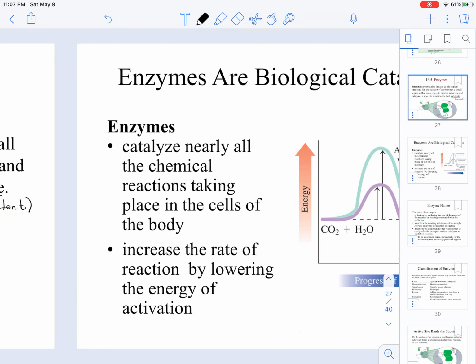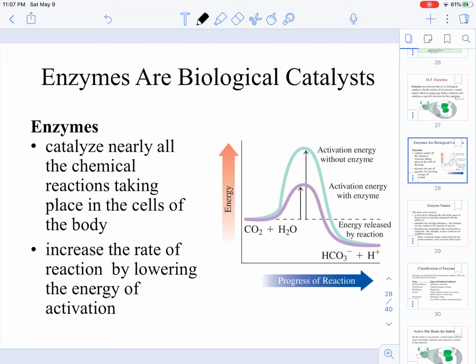So, to do a little bit of a review of what enzymes or catalysts are, remember, as I just mentioned, enzymes are proteins that are involved in the catalysis of biological reactions. More importantly, they catalyze nearly all, not all, but most of the chemical reactions that take place in the cells of the body.